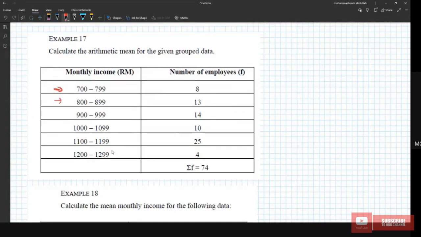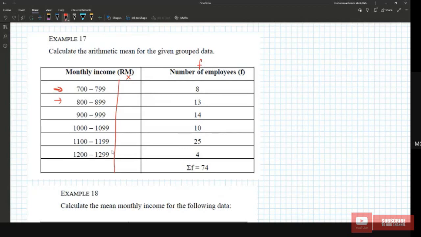So if you want to find X value, you need to create another column representing X. This is your F. To get X, we need to calculate a midpoint. So how to calculate midpoint? Midpoint is the upper class boundary plus lower class boundary divided by 2.